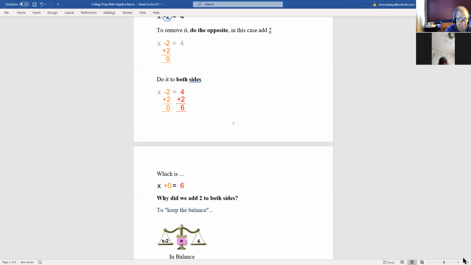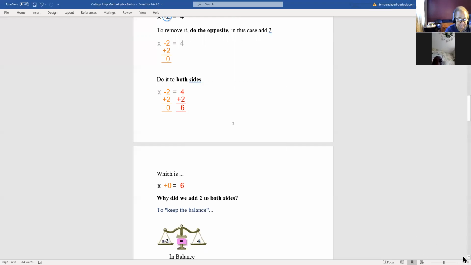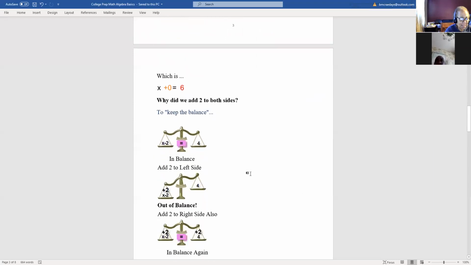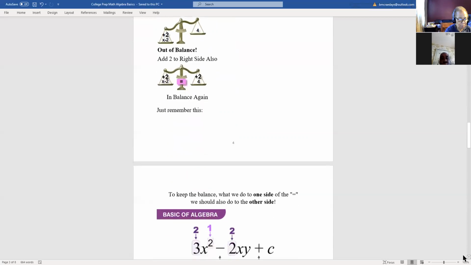They get confused too when they're supposed to add, like X plus 6 equals 30. They don't know how to reverse, they don't know to do the opposite. If you're adding, you're going to subtract. If you're dividing, you multiply. You do the opposite operation to get things in balance and get what you need to solve for. But this I'll just go right to because I know you understand the balance.